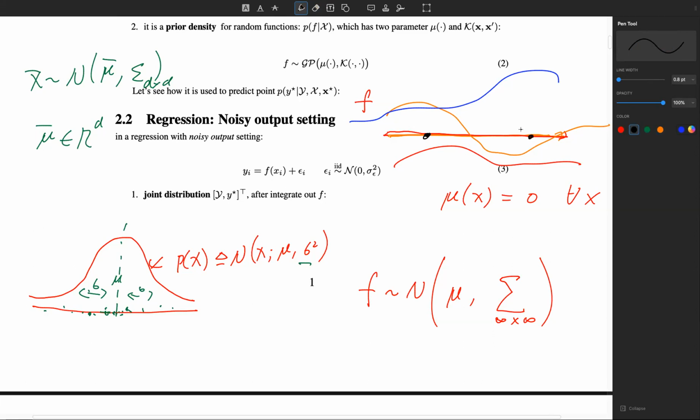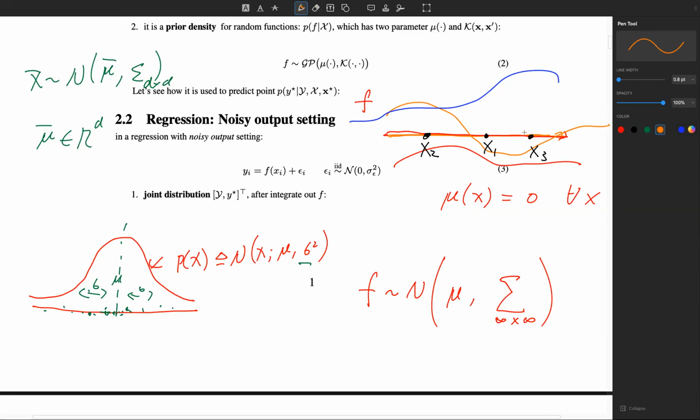Let's give them names: x1, x2, and x3. The choice of your x's is entirely arbitrary. You can choose these 3 points, or you can choose another 3 points. So this is entirely arbitrary.